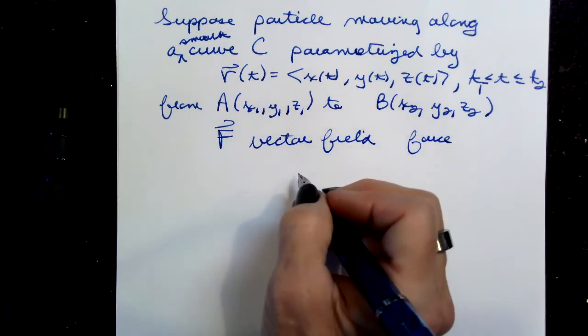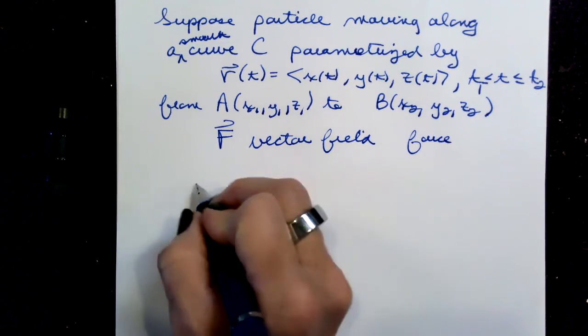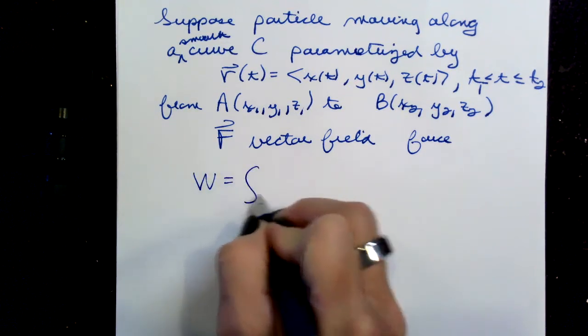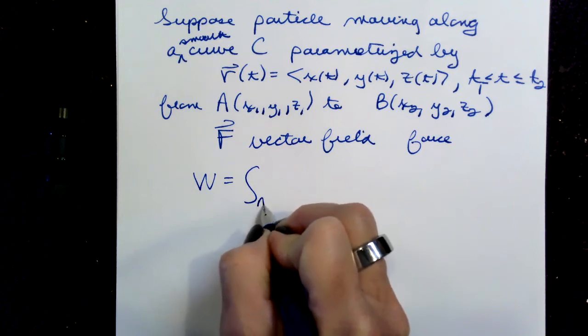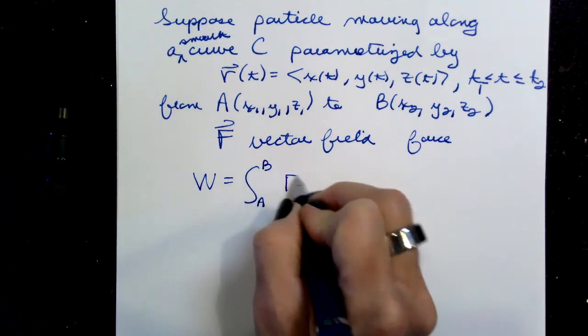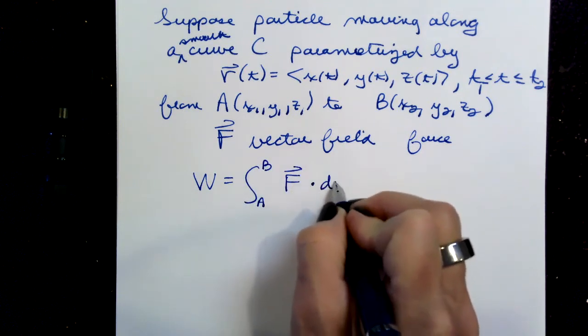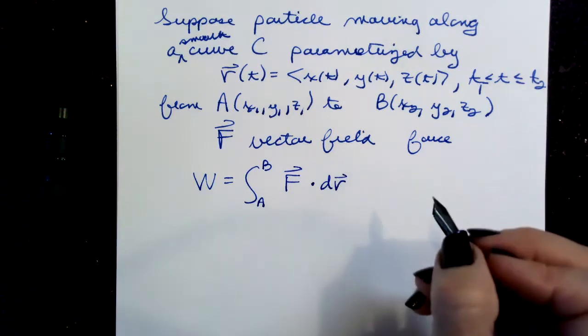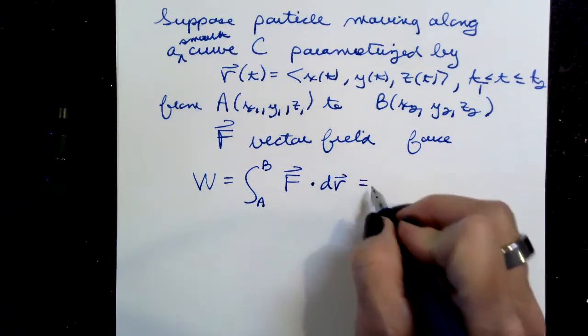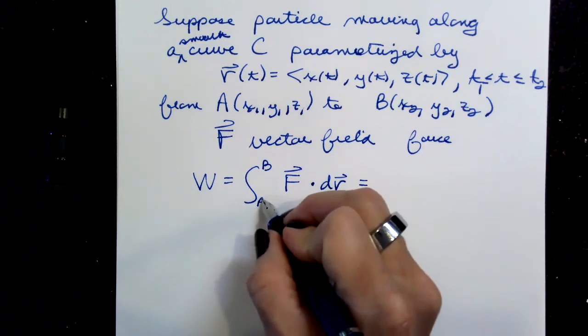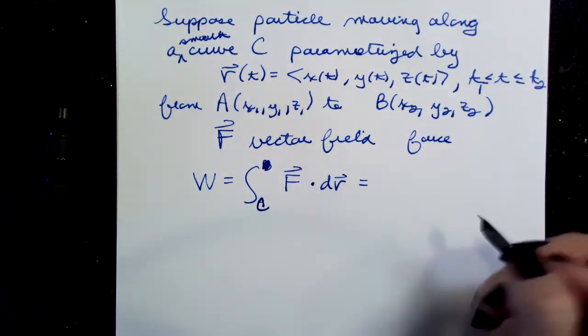The work is the integral, as things go from the point A to the point B, of F dot dr. I should say along the curve C here, because I haven't parameterized anything.